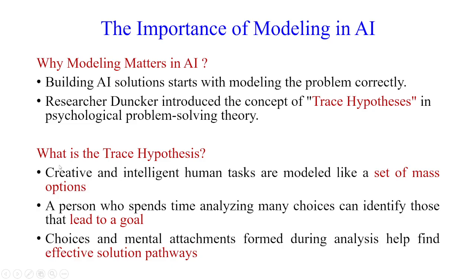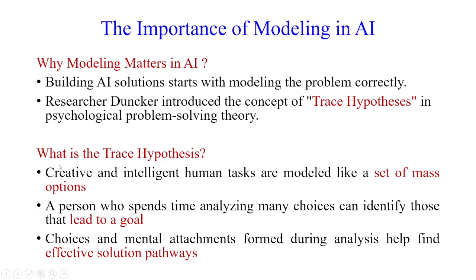When a person is solving a problem, they are essentially looking at a large number of choices available to them. When we want to have food, we try to find all possible options, right? A person who spends time analyzing many choices is more likely to identify the one that leads to the goal. This is a very important aspect we have to understand.